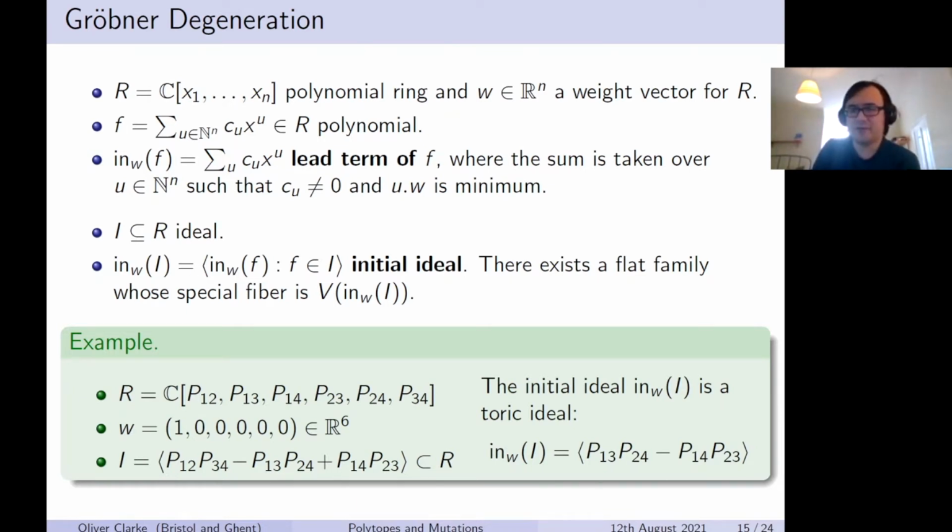With this weight w, the lead term might not necessarily be a monomial, so I can have lots of terms be the lead term, and so I want to make sure that these are homogeneous ideals. Thanks.